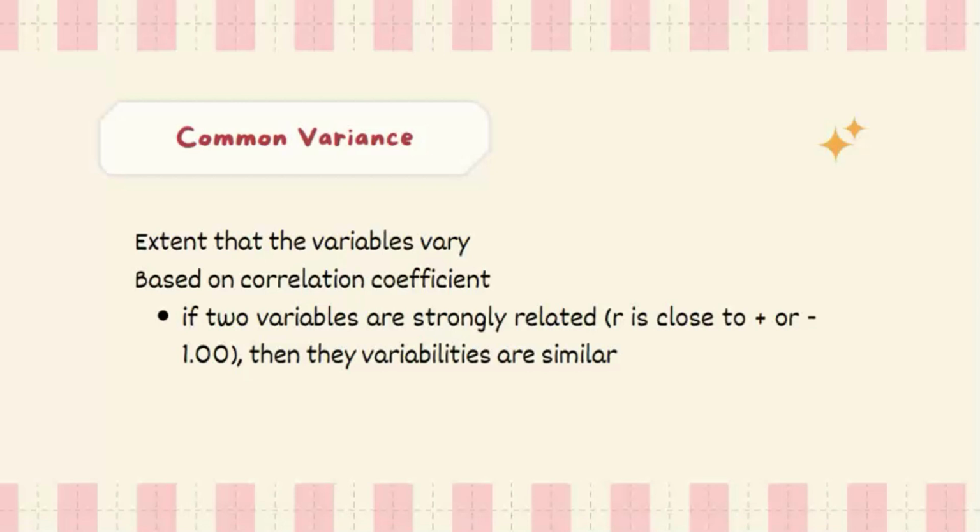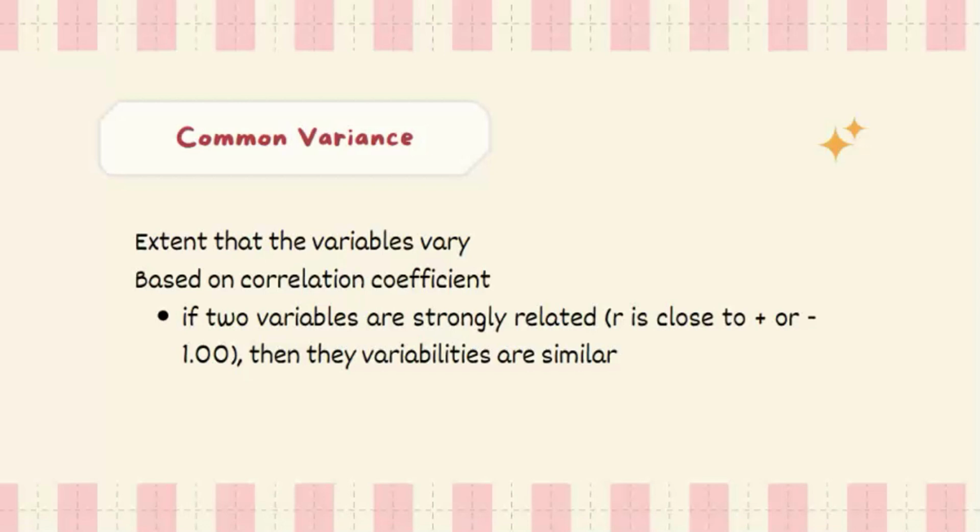But this is telling us that if two variables are strongly related, so R, what we're typically going to see as the correlation coefficient, this R would be close to positive or negative 1.00, then the variabilities are similar.